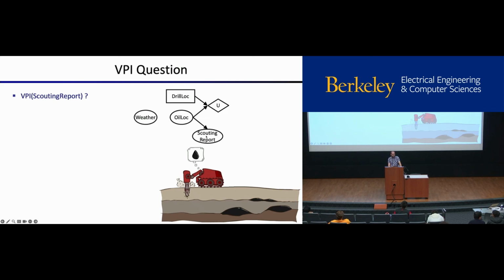So the value of perfect information of the scouting report is going to be moderate. It's going to be helpful. The value of perfect information of the oil location is going to be better. I mean, better to just know exactly what the oil location is than to have some noisy measurement of it. The value of perfect information of the weather: knowing the weather isn't going to help at all. This is going to be 0. It's not going to change the outcome.